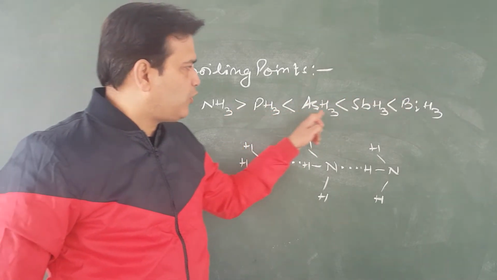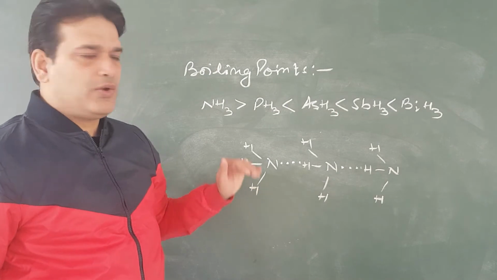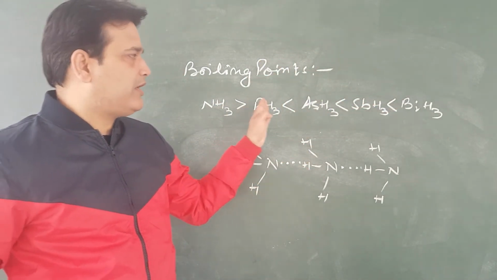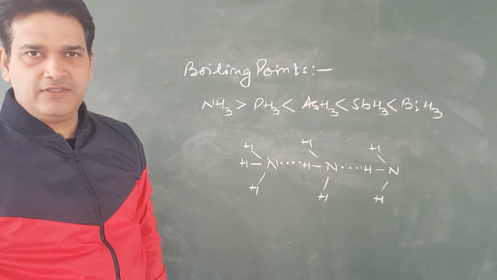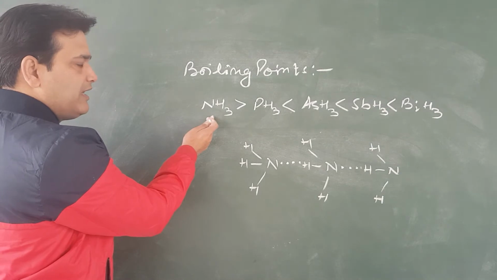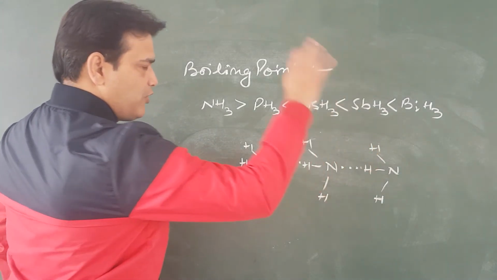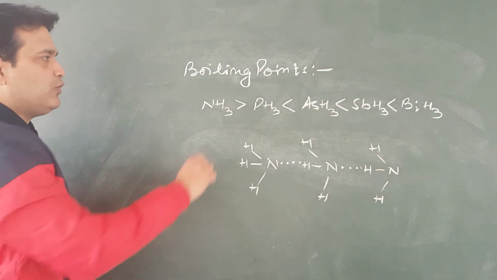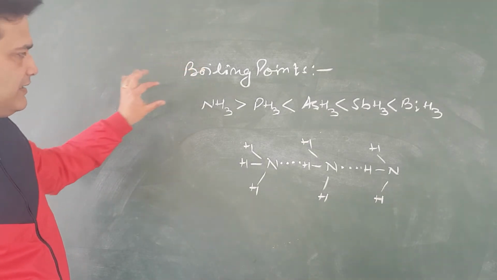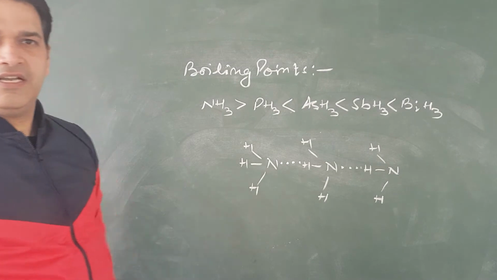So down the group molecular size increases, van der Waals forces increase, due to which boiling points increase down the group. But the unexpectedly higher boiling point of ammonia is due to hydrogen bonding. So this is the trend for boiling points.